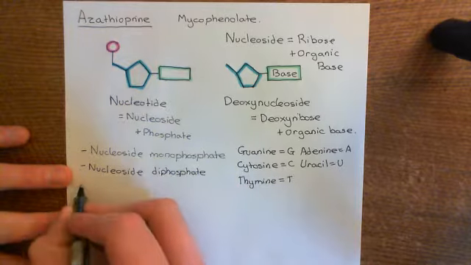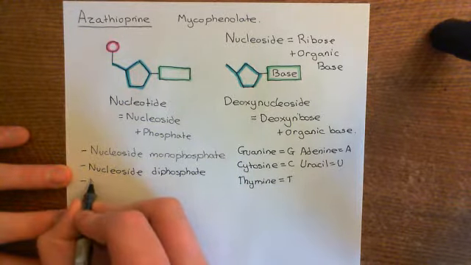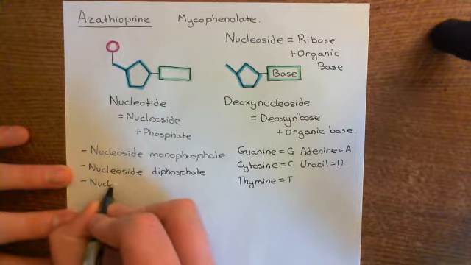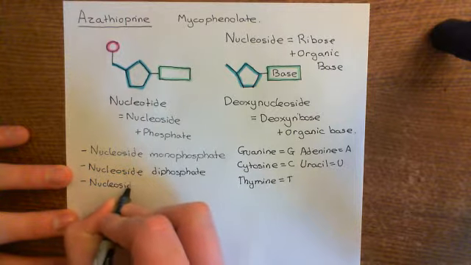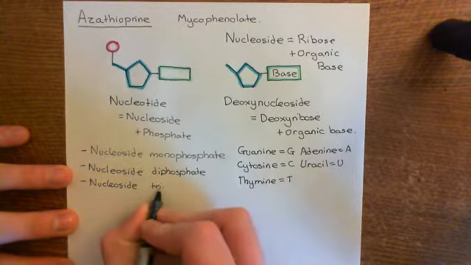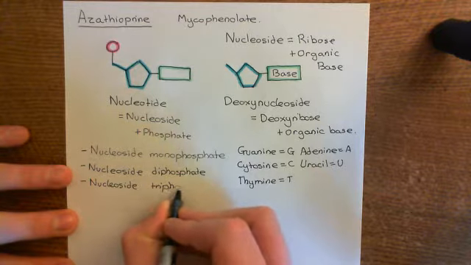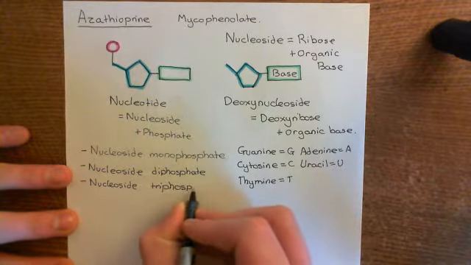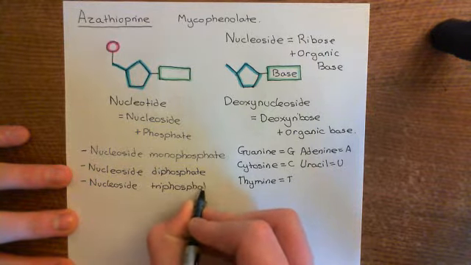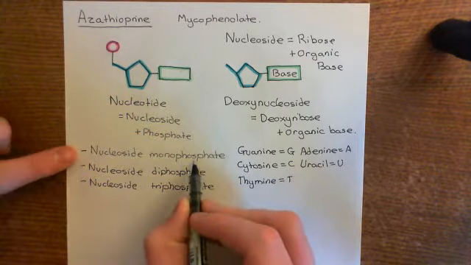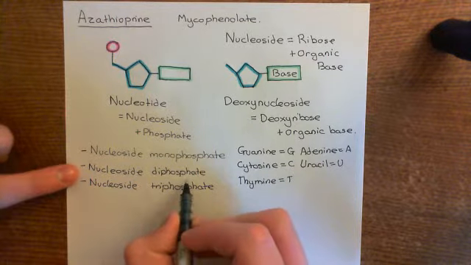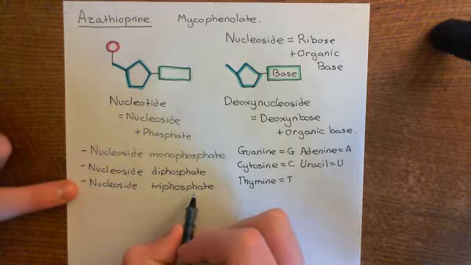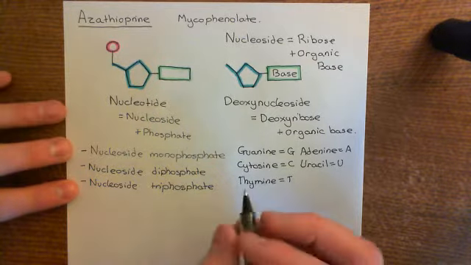And then finally it could have 3 phosphate groups coming off, in which case it would be called a nucleoside triphosphate. So basically that's why the term nucleotide is a little bit difficult, because it could mean a nucleoside monophosphate, a nucleoside diphosphate, or a nucleoside triphosphate.